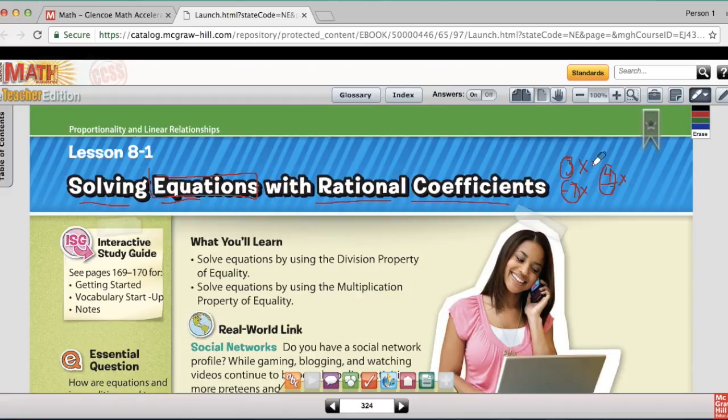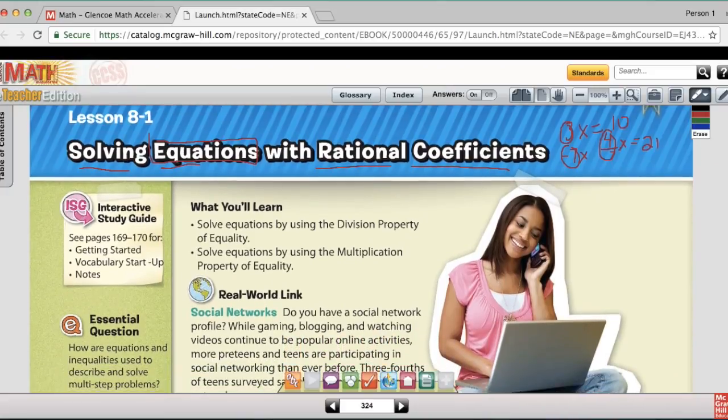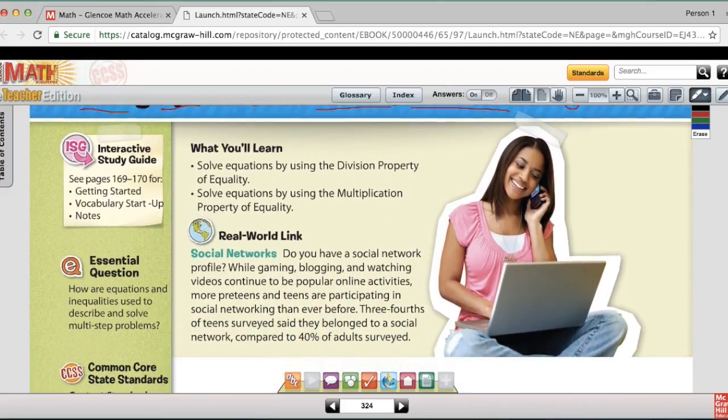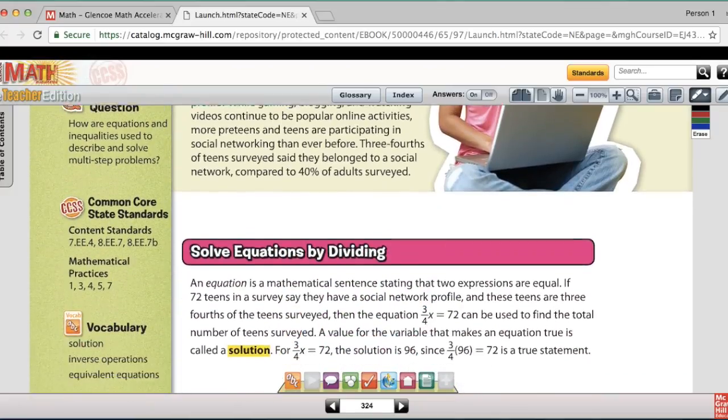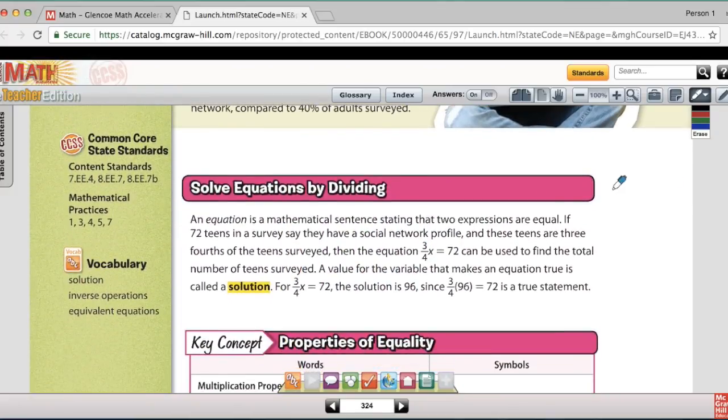As soon as we have an equal sign and a number on the other side, we can solve those equations by doing the inverse operation. So lesson 8.1, you have your what you'll learn, and if I scroll down here, one way to solve equations is by dividing, and this shows you an example right there.